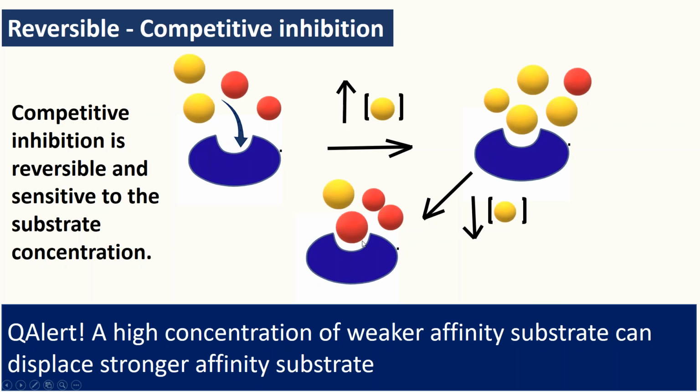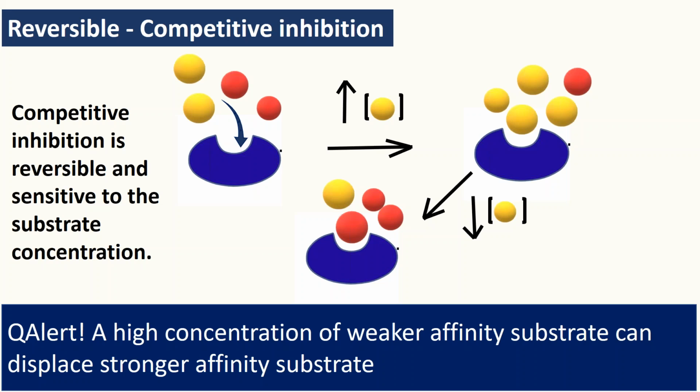A very important point and question alert for the exam: a high concentration of a weaker affinity substrate can displace even a stronger affinity one, because it is substrate concentration sensitive. That's a very frequent question about competitive inhibition, which is reversible.